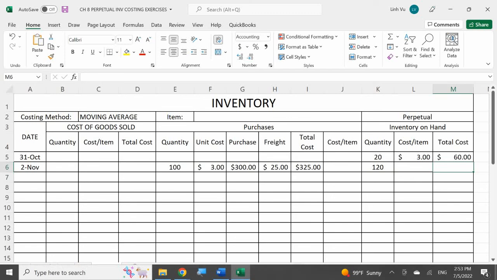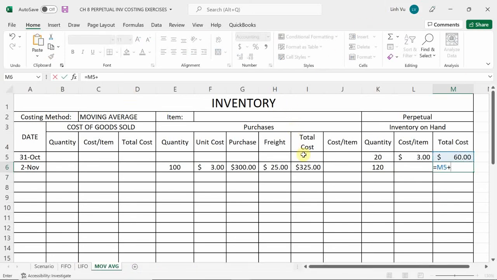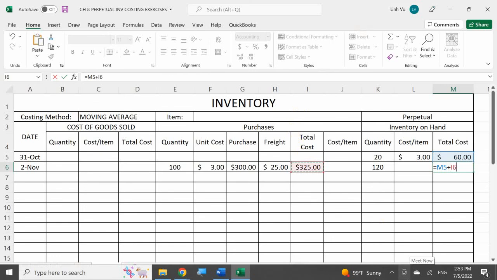Okay, 120. And then what's my cost? So $60 plus my $325, $385.